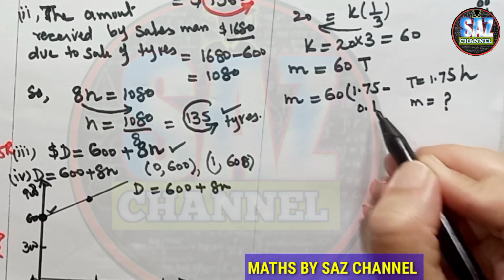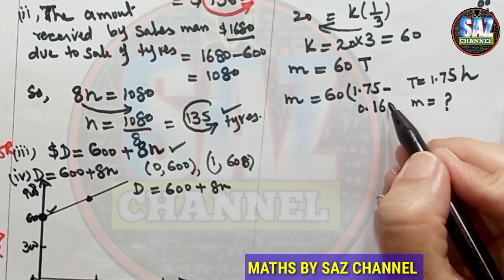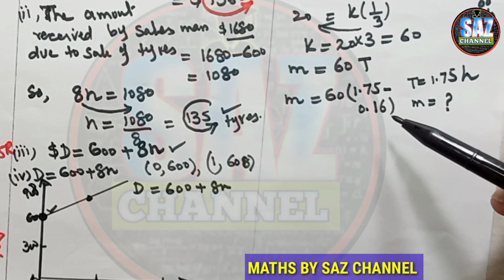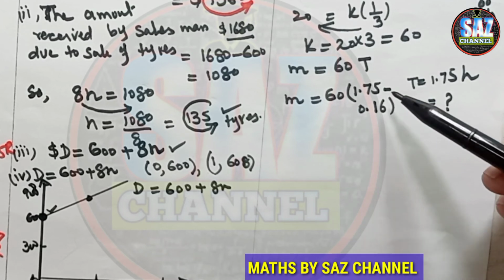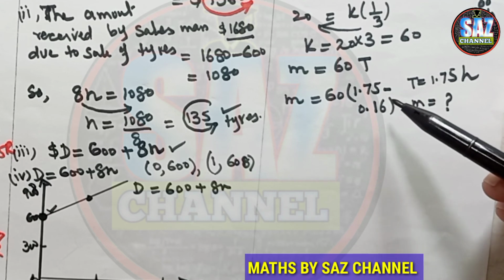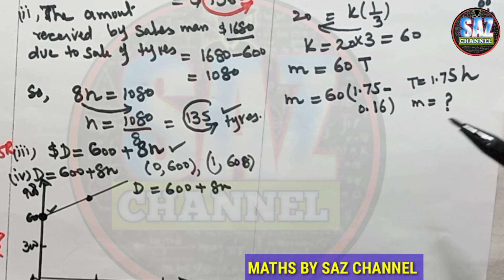1 divided by 6 is 0.16. Why am I subtracting this? The reason is that the machine is not producing ice for the time for which it's warming up. It's taking 1/6 hours for the warm up.